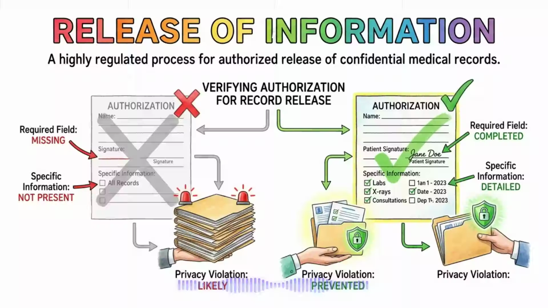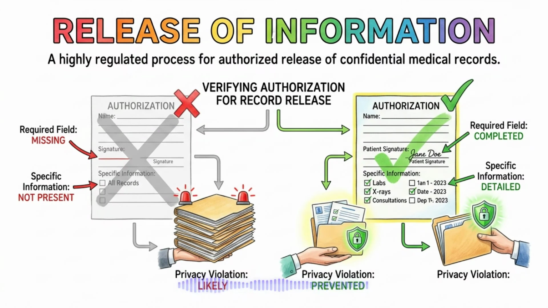Even with widespread electronic sharing, patients frequently request copies of their own medical records through a process called release of information, or ROI. The release of information process is highly regulated and ensures that a patient's confidential health data is only given to authorized individuals.